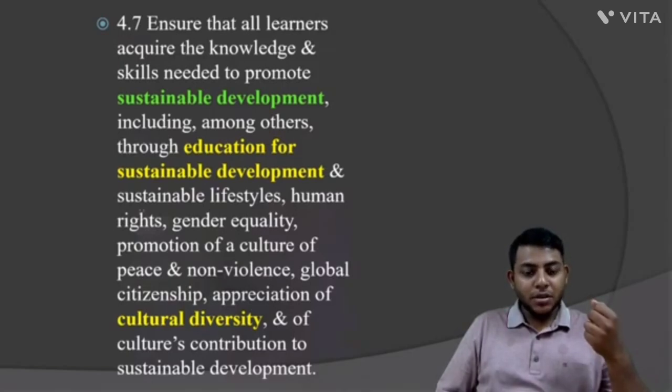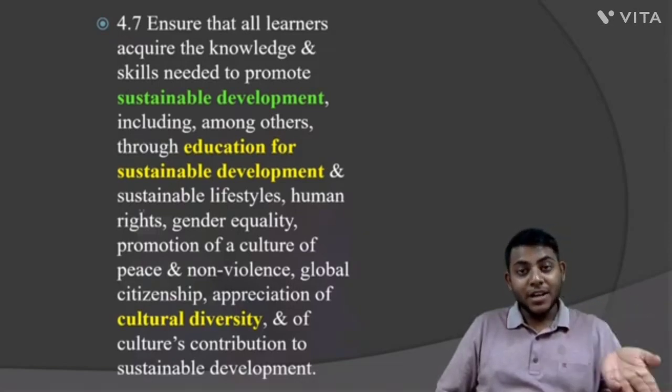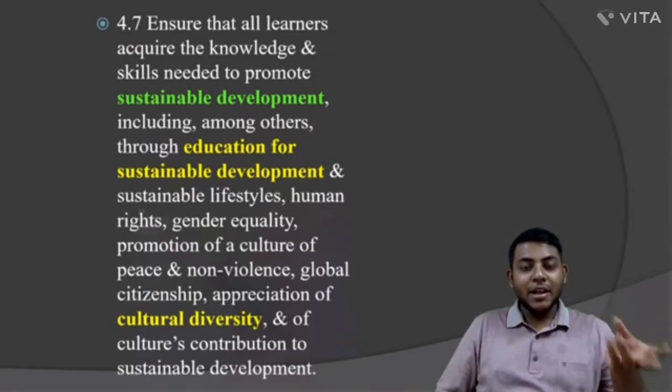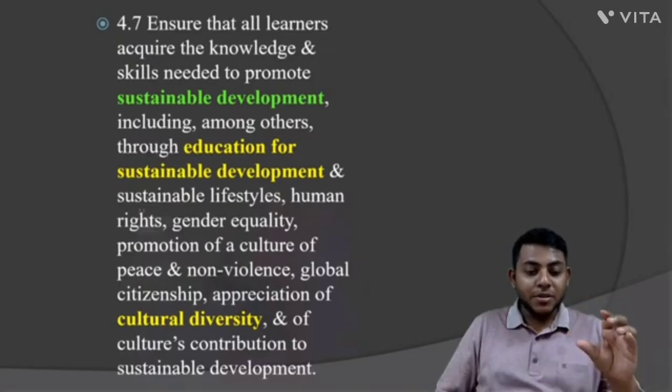And if we talk about appreciation and conservation of cultural diversity, Article 29 of the Constitution of India, which is a part of the fundamental rights, gives the rights to linguistic groups and cultural groups to protect their language, their culture, and their script.